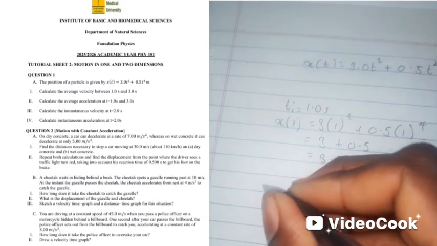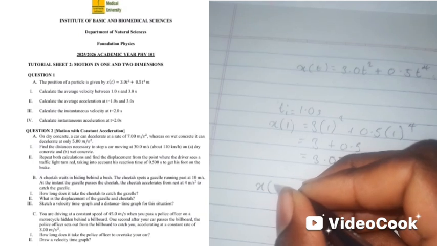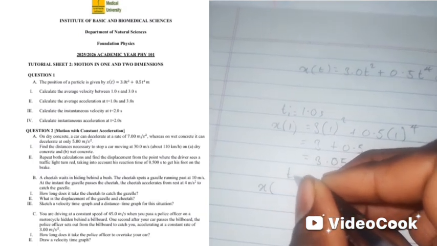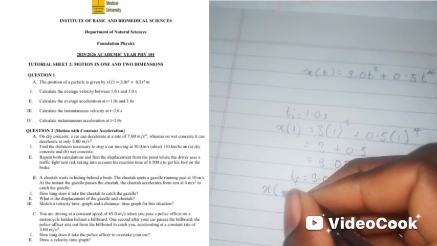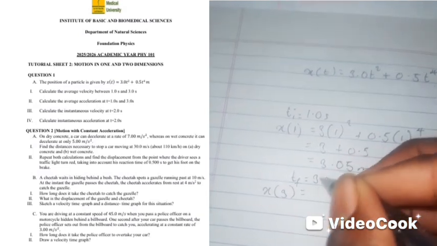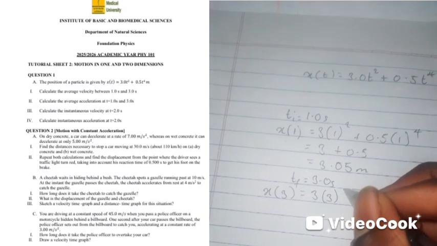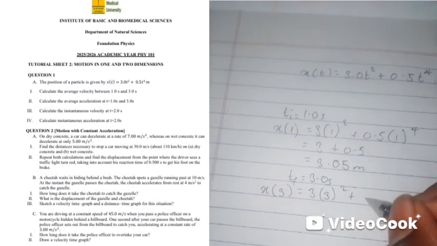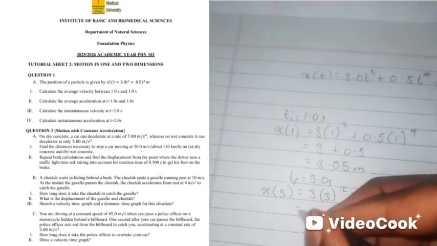Next, we're going to say x of, where t, or the final time, was 3 seconds. So x of 3 is equal to 3 multiplied by 3 raised to the power of 2, added to 0.5 multiplied by 3 raised to the power of 4.